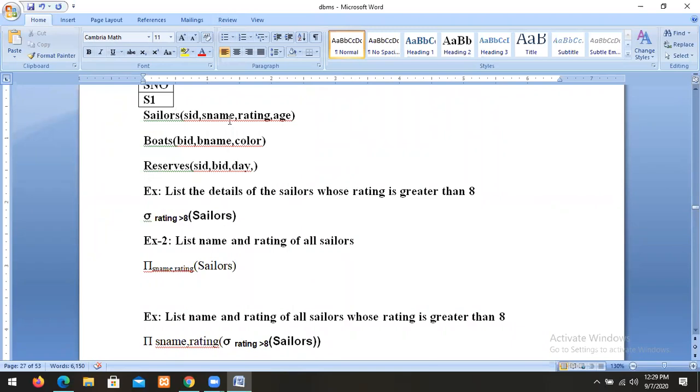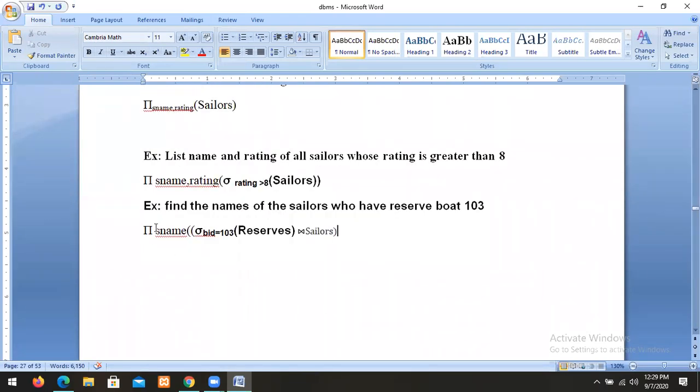So whatever we require, that information is in the sellers table, and the condition is in another table. In this case, it is necessary to join both tables. Which tables are to be joined? Sellers and reserves. First, what we need is pi, the names of the sellers. What is the condition?